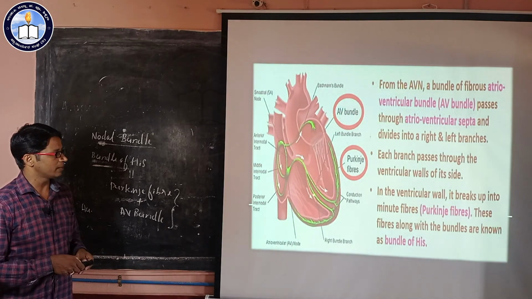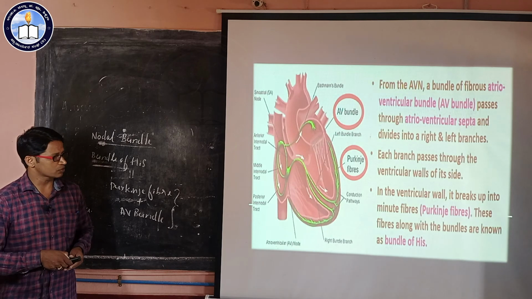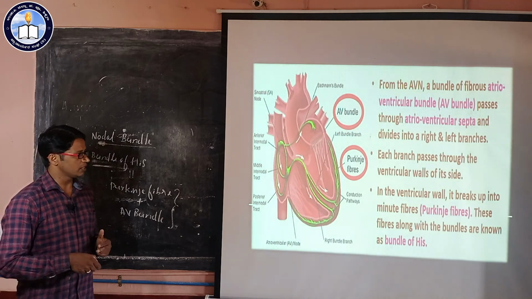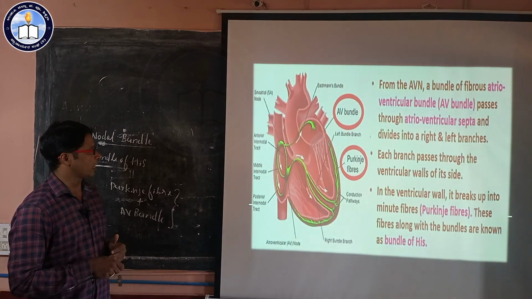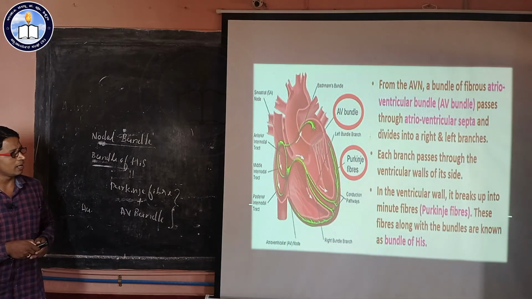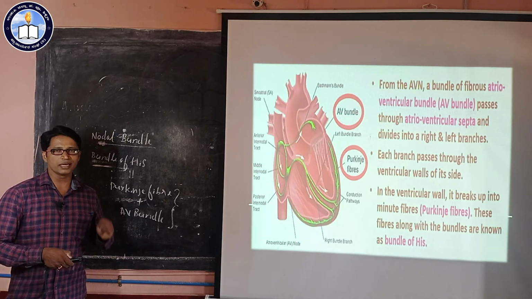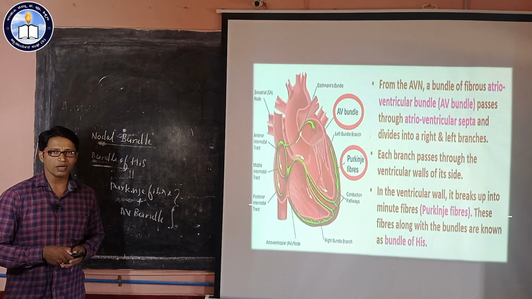Each branch has fine fiber-like structures called Purkinje fibers. The Purkinje fibers along with the atrioventricular bundle are called the bundle of His. So this is the structure of the conducting system in the human heart.